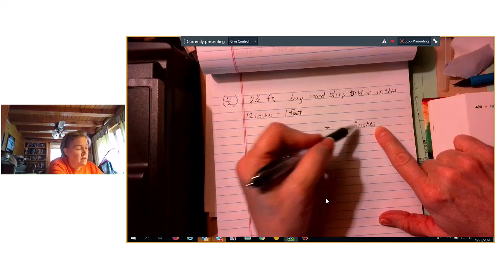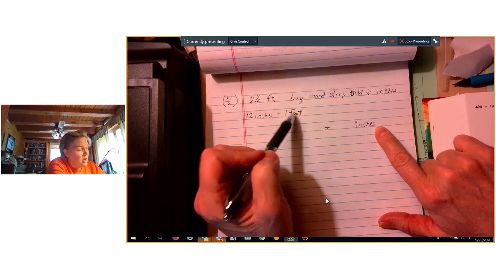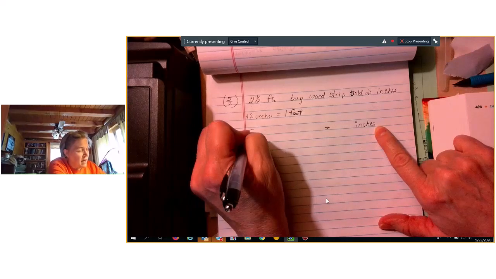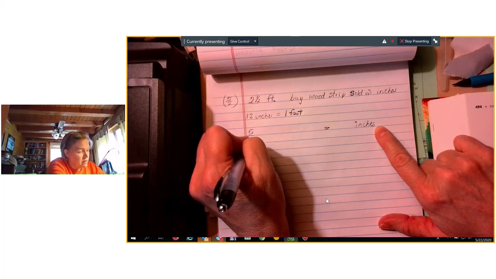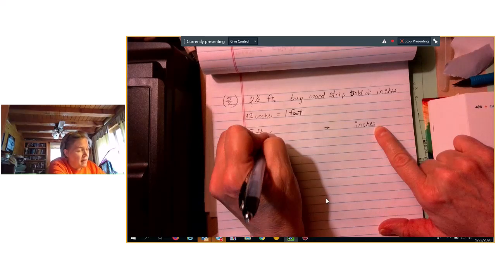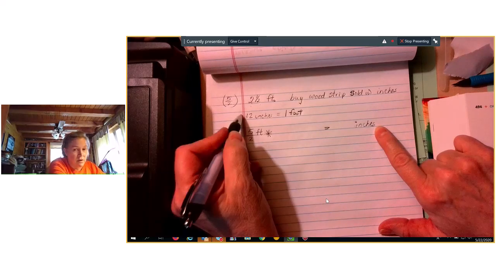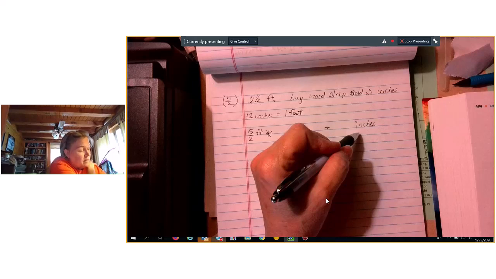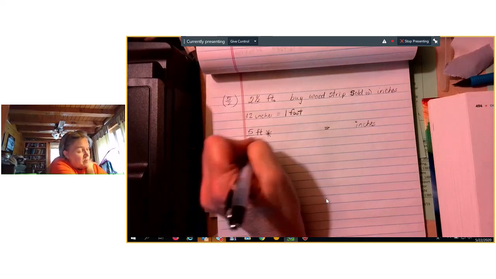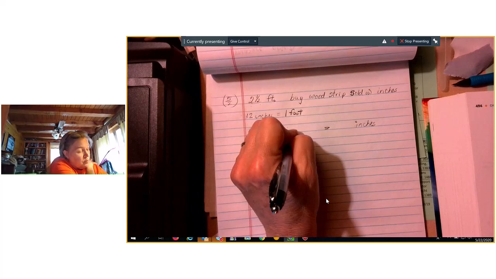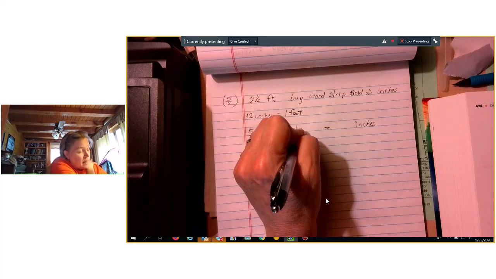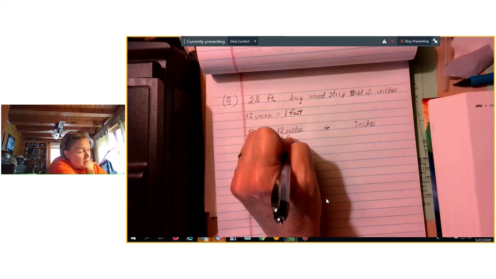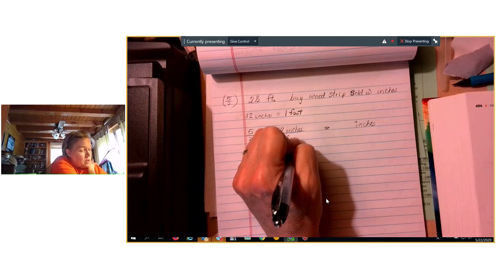So you have to figure out how to set this up. I have 5 halves of a foot, and I'm multiplying that times this conversion factor. I want inches on the end and I want to cancel my foot, so I'm going to put 12 inches in the numerator and 1 foot in the denominator.